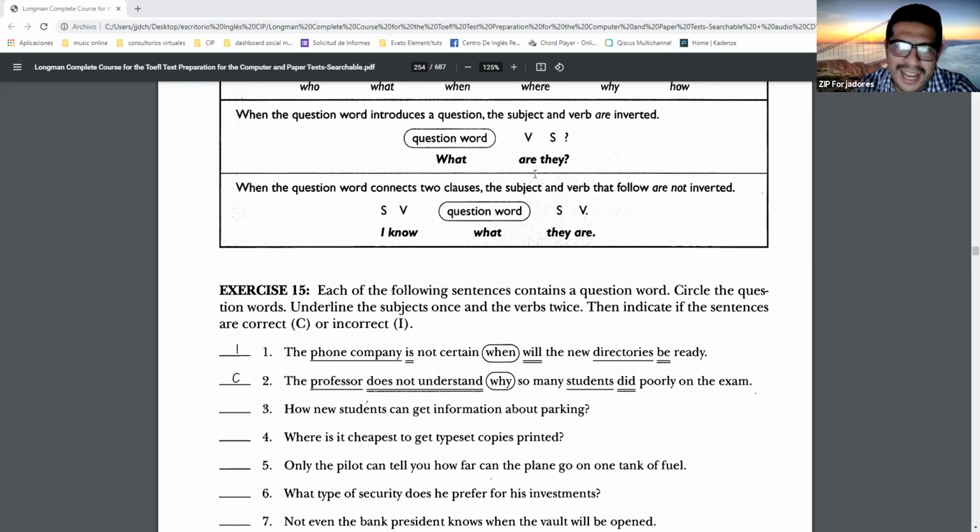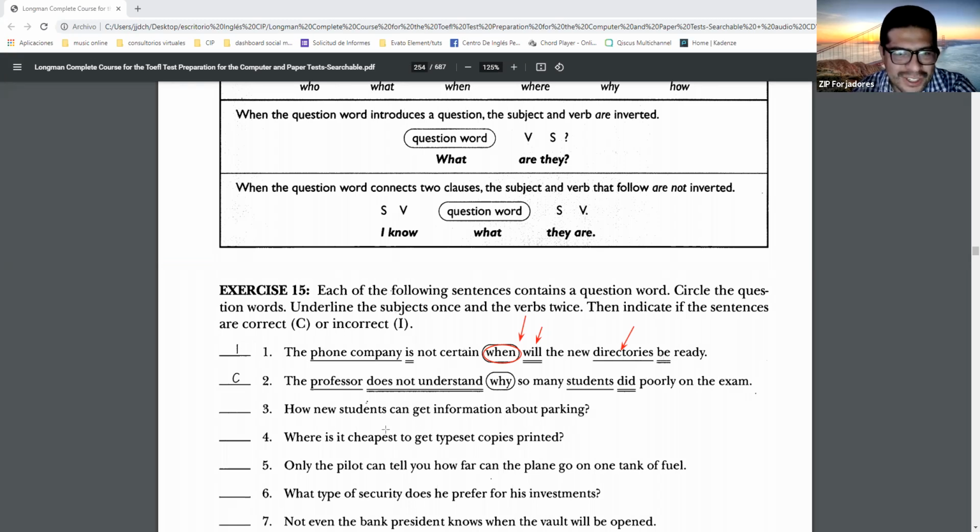I have to notice that when is not at the beginning of the sentence, so this is not a question, it's a connector. After a connector, I need a subject and the verb. But here the verb is before the subject, it's inverted, so it's incorrect. The correct one would be: when the new directories will be ready.